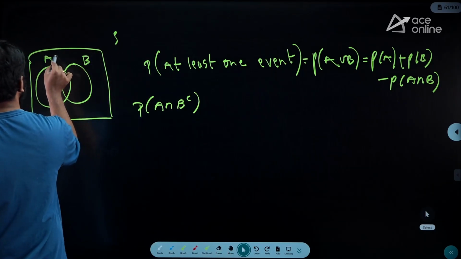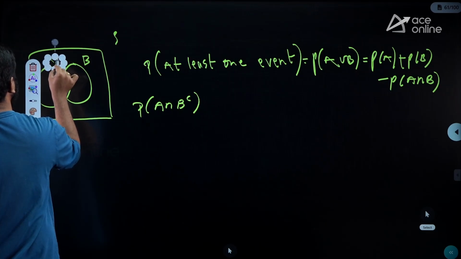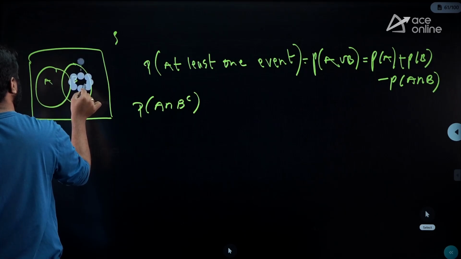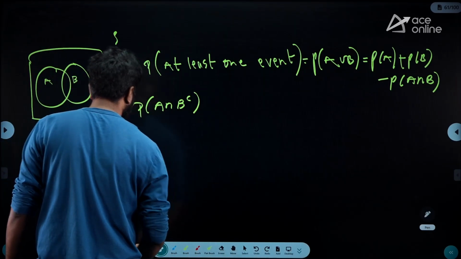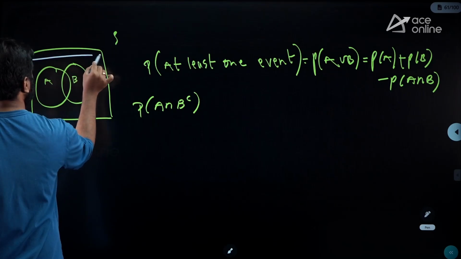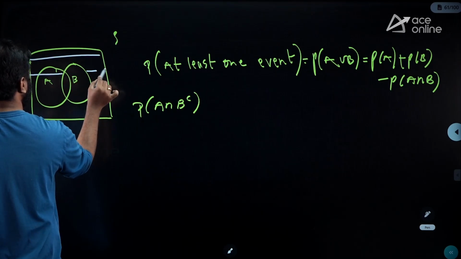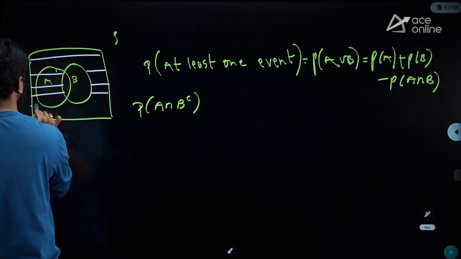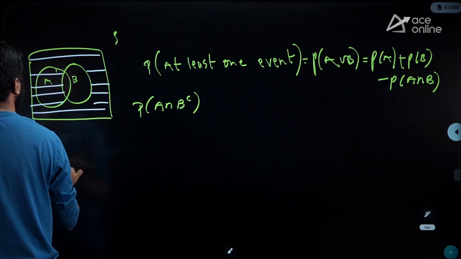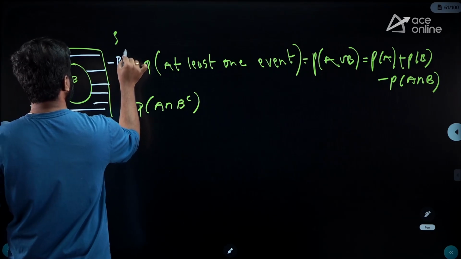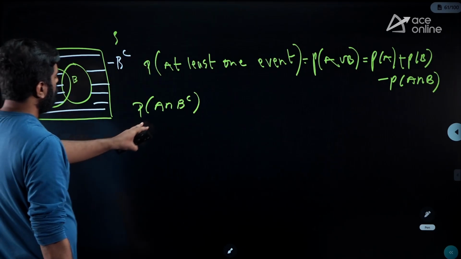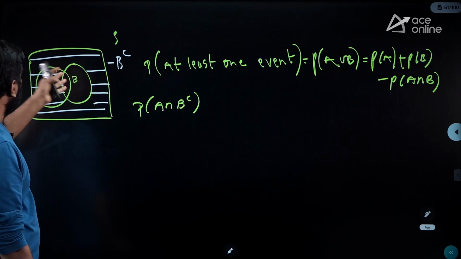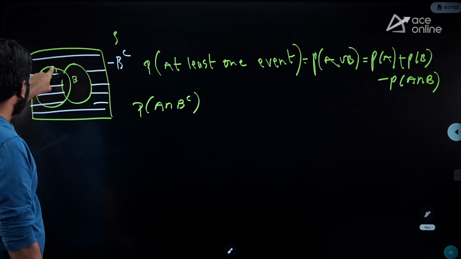Let's put this A inside. So this is B complement. But what I want is the common part of A and B complement. What's the common part of A and B complement? It is this part.